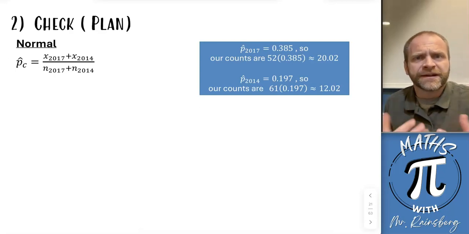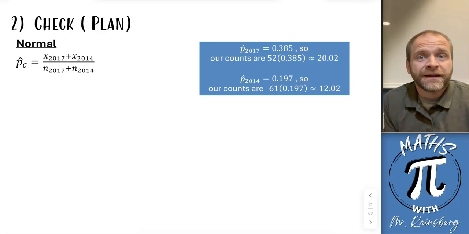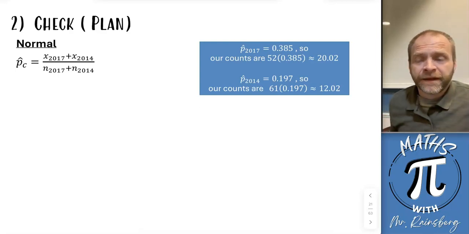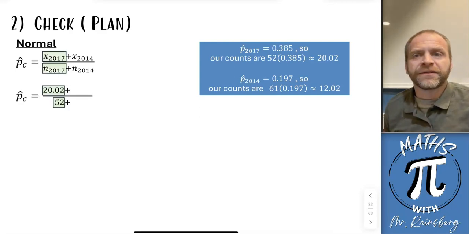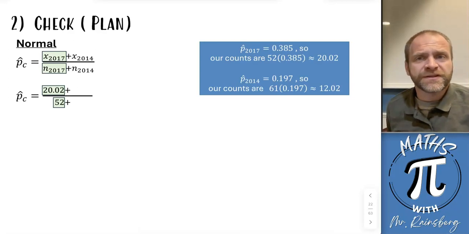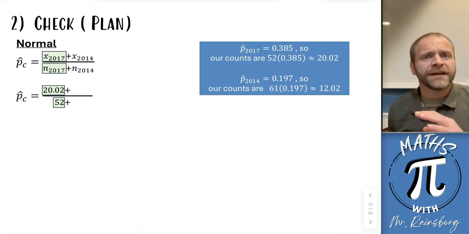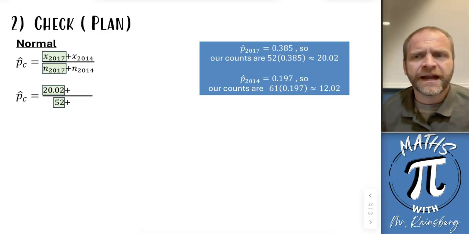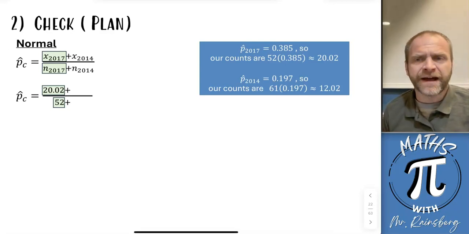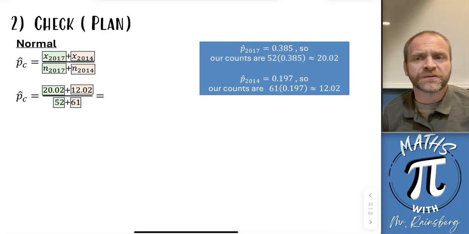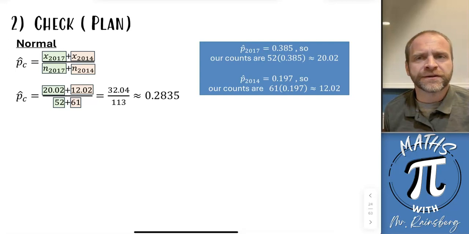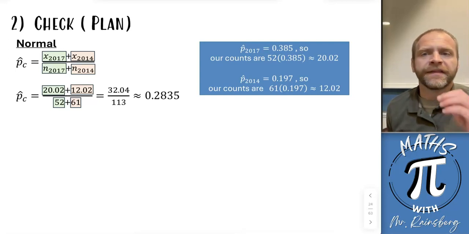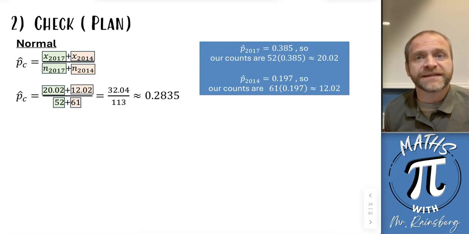That gives us a better idea, because if we're saying there's no difference, then we should be able to combine them. For 2017, there was about 20.02 successes out of 52. I am going to use the decimal here because I'm going to combine them, and maybe round at the end. Then for 2014, 12.02 out of 61. I combine them, I get 32.04 out of 113, which is 0.2835. That's my p hat sub c. I'm going to use that when checking my normal conditions.